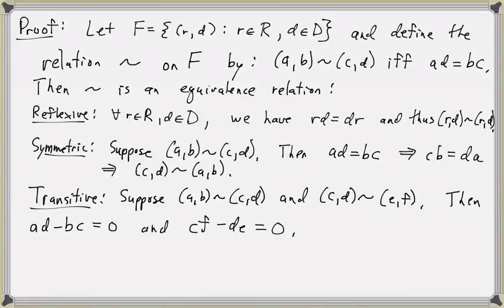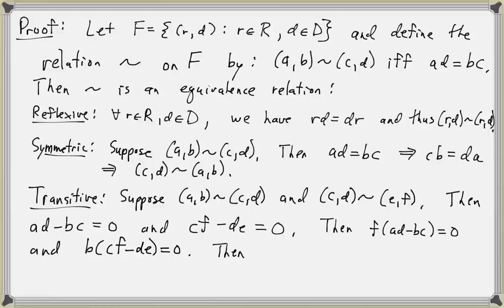Then if I multiply the first equation by F and the second equation by B, we have F times (AD minus BC) equals 0, and B times (CF minus DE) equals 0. Then using the distributive property, we have ADF minus BCF equals 0, and BCF minus DEB equals 0.